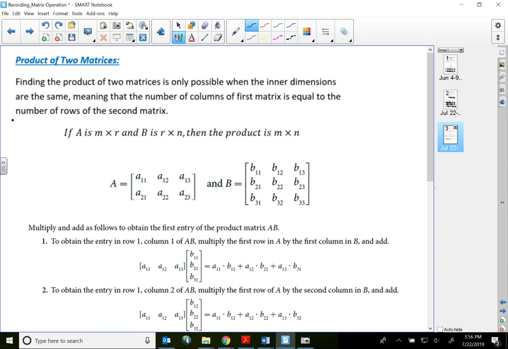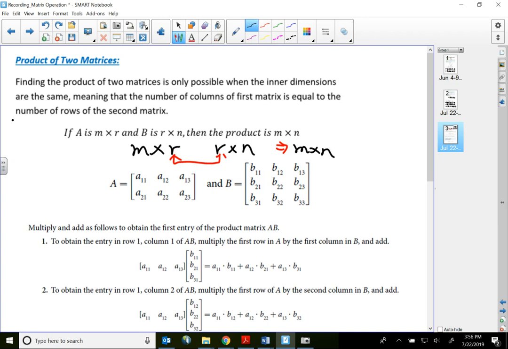So let's say matrix A is M times R, and the second matrix is R times N. When the two inner dimensions are the same, then you are allowed to multiply the two matrices. And the resulting matrix will be M times N.